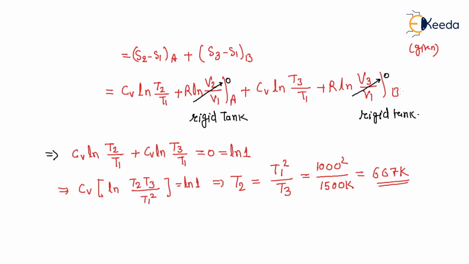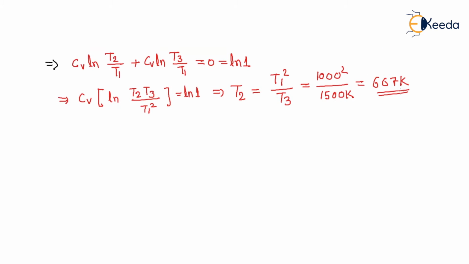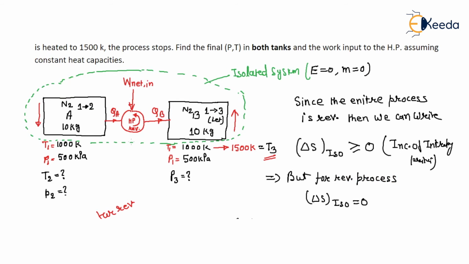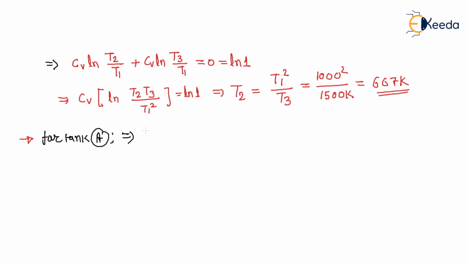Now you have the pressure calculation. For the pressure, we know that for tank A, ideal gas, P1 V1 by T1 equals P2 V2 by T2, and volume is constant.